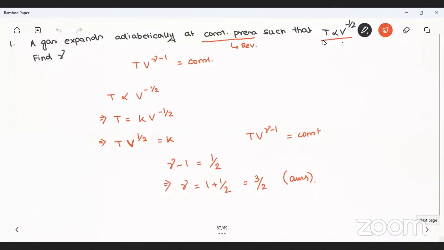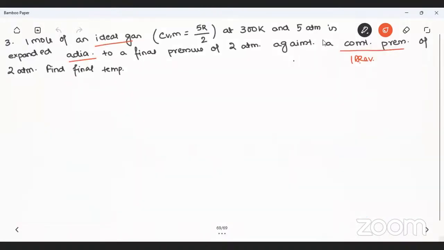Once the final temperature is calculated, then we will calculate the work done. So n Cv,m delta T is equivalent to minus P external into nRT2 by P2 minus nRT1 by P1.